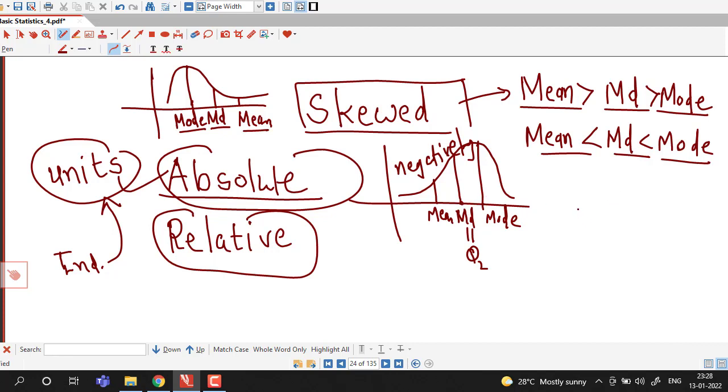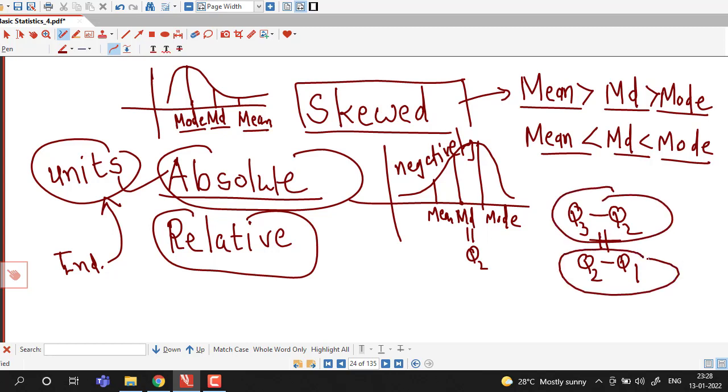So if we measure the distance between the third quartile and median, and the distance between median and first quartile, then for a skewed distribution these are also not equal. So the difference between these two unequal distances can also be defined as an absolute measure of skewness.